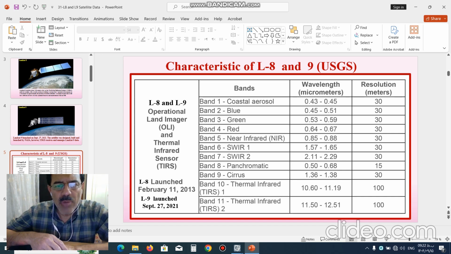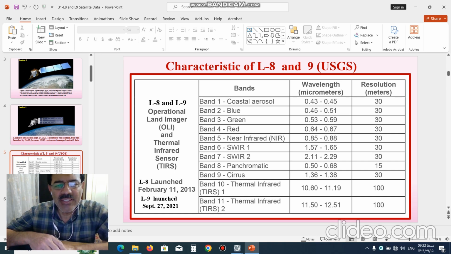Now band number 6 SWIR or shortwave infrared number 1, and band 7 shortwave infrared number 2, band 8 panchromatic band, and band number 9 Cirrus band.